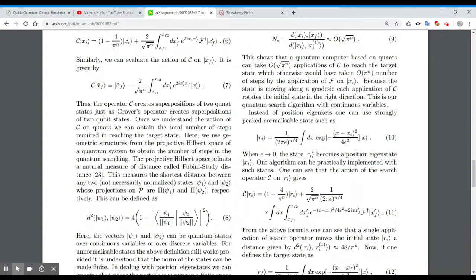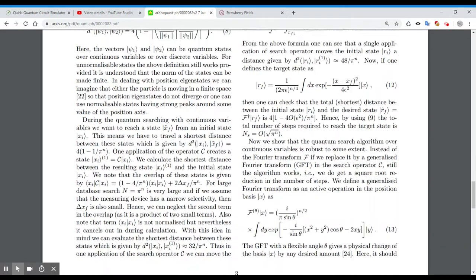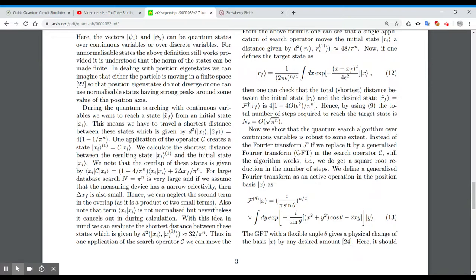Once we understand the action of C on QNATs, we can obtain the total number of steps required in reaching the target state. Here we use geometric structures from a projective Hilbert space of a quantum system to obtain the number of steps. But I'm not interested in obtaining the number of steps. I want to see generally what's happening during the quantum searching with continuous variables, where we want to reach state xf from initial state xi.